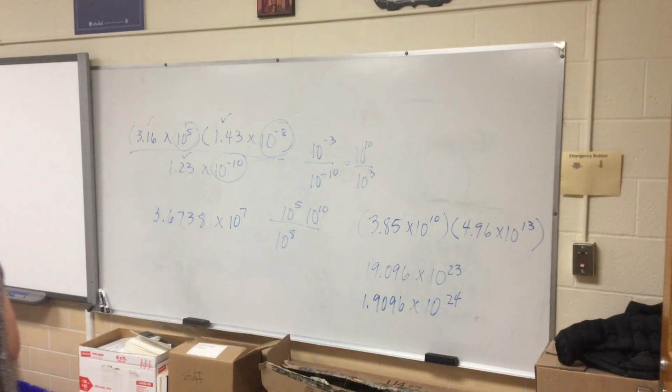In order to keep the number the same, if I make part of it smaller, I have to make the other part bigger. If I made both parts smaller, I'd end up with a smaller number. So if I make one part smaller, I gotta make the other part bigger. If I make one part bigger, I gotta make the other part smaller. Does that make sense? I know we need to practice some more, but okay.